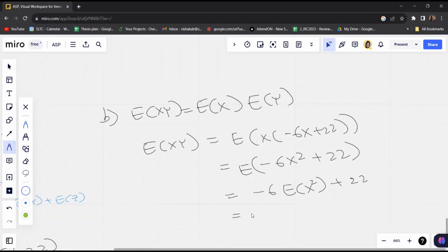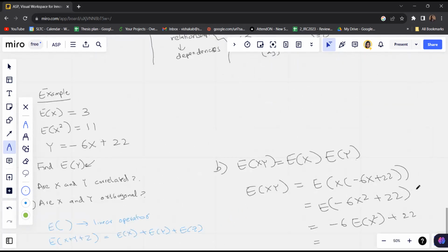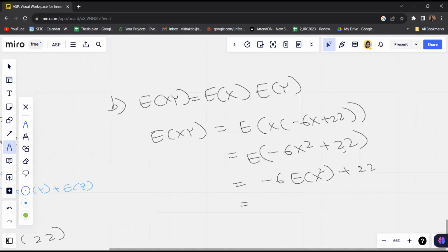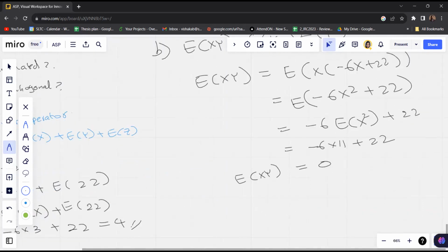E[X squared] has been given as 11. So I will take minus 6 into 11 plus 22, which is equal to 0. These are the values that maybe you have got. So this step is good, but it is not the answer, right?